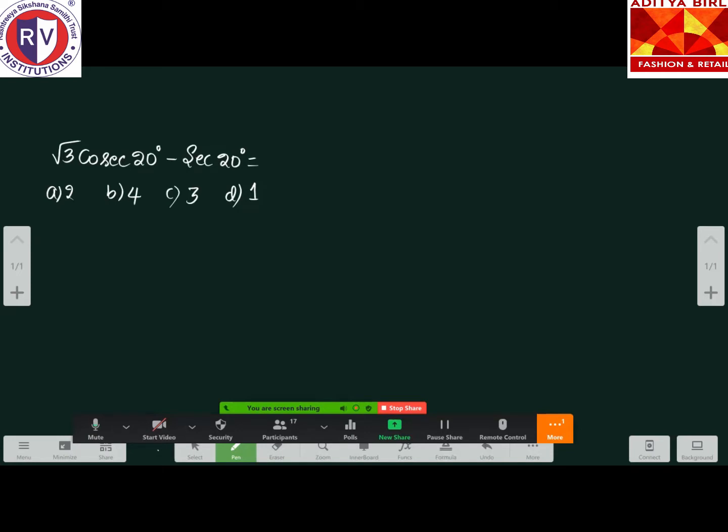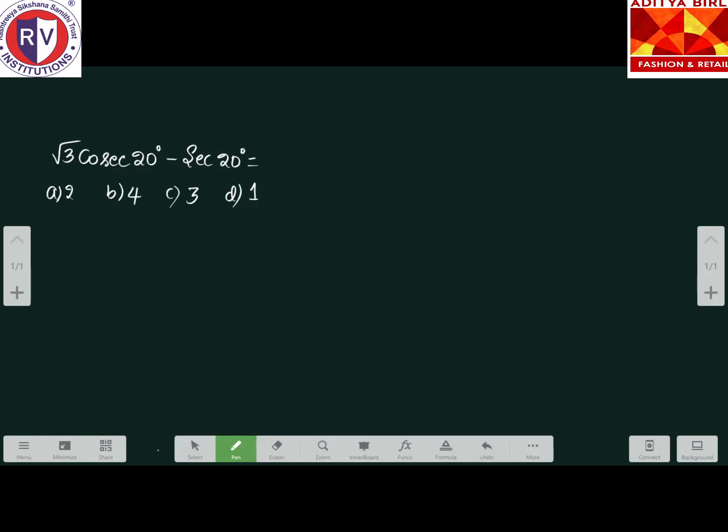Okay, so we know cosecant theta is nothing but 1 by sine theta, and secant theta is 1 by cos theta. So let us replace cosecant theta by 1 by sine theta and secant theta by 1 by cos theta.